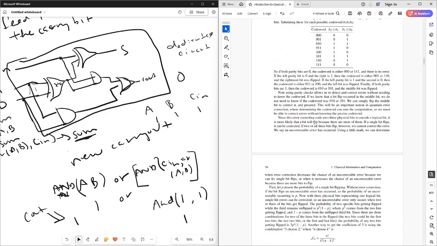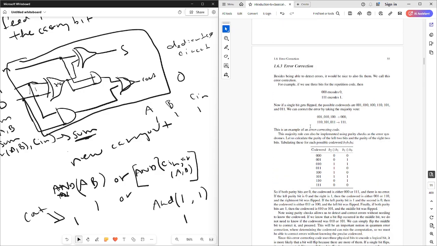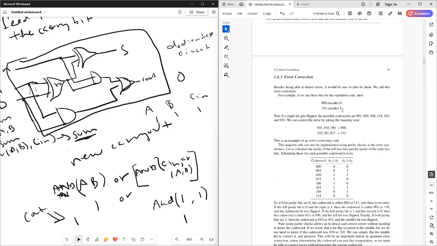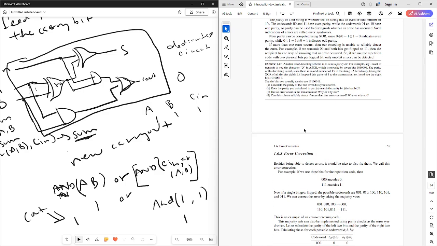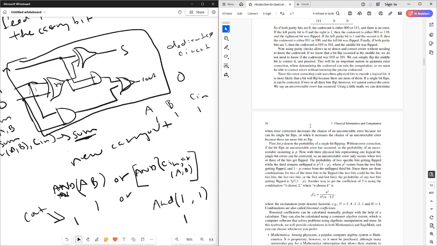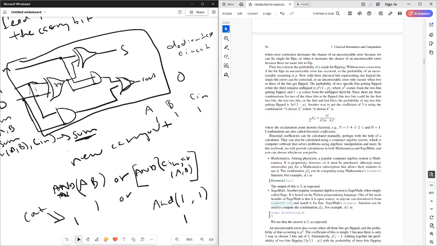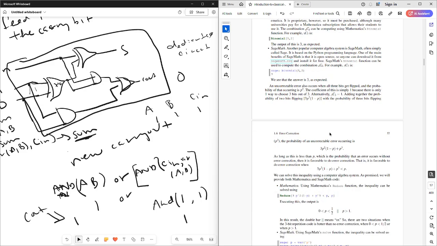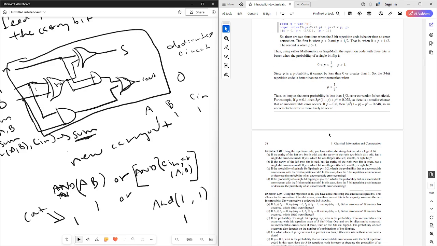I know we're moving into that soon. Basically we're looking at the bit sequences, and based on the number of bits we have, we can, with a certain probability, determine whether or not an error has occurred, right?